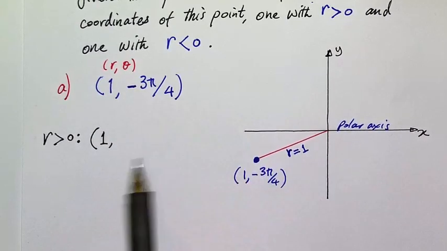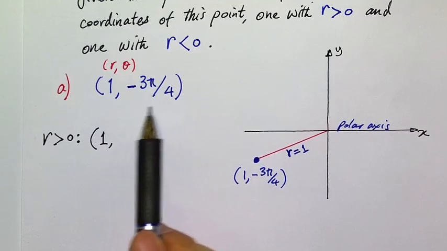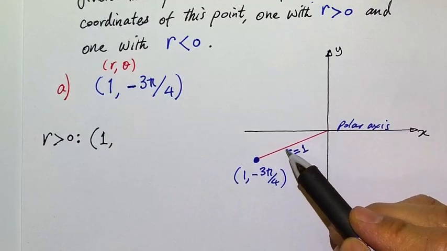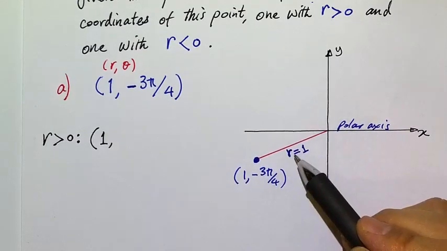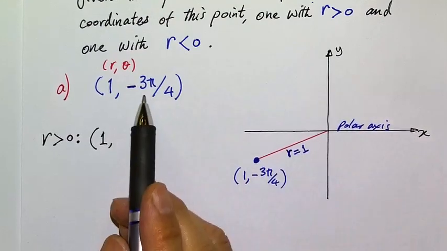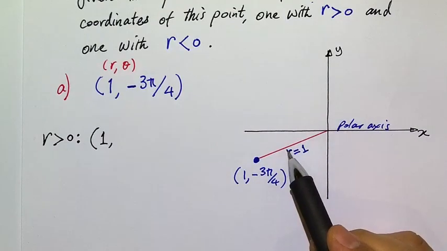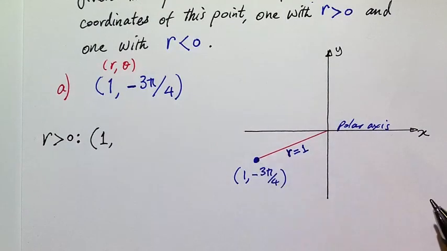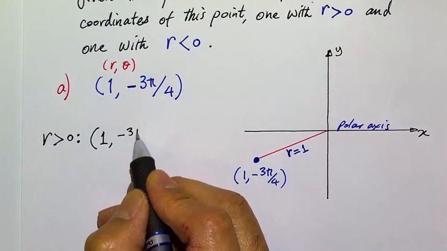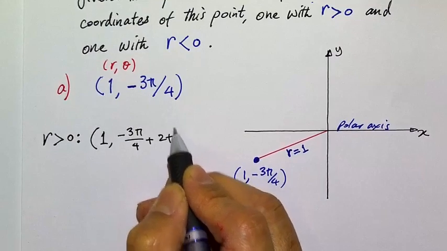I want to create equivalent polar coordinates for the same point. And the easiest way to do it is go 2 pi, right? So this angle plus 2 pi. I'm just going to go around 360 degrees and end up on the same spot. So let's do that. Minus 3 pi over 4 plus 2 pi.